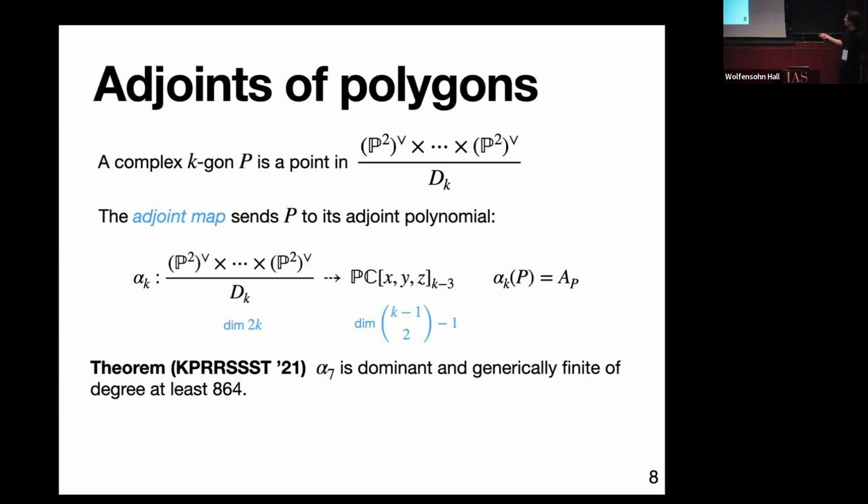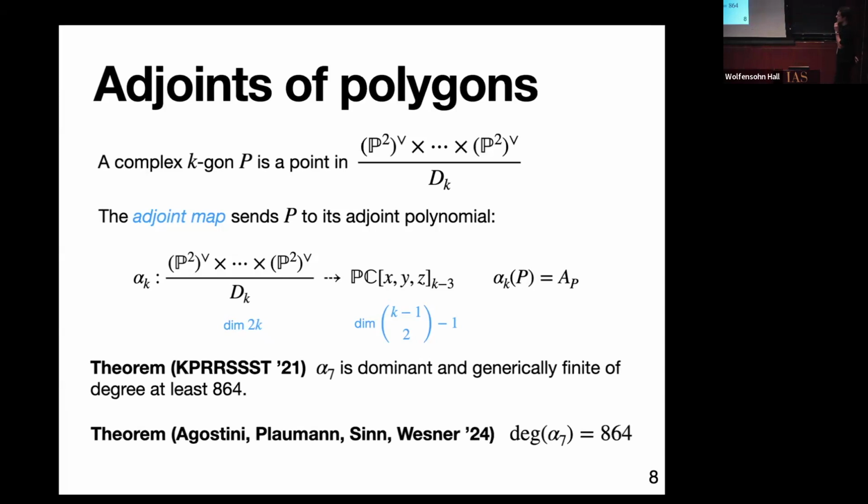So the adjoint map alpha 7 is dominant and it's generically finite. It has degree at least 864, at least that's what we showed in 2021. So we did this using a certified numerical computation. And then Reiner with other co-authors, Agostini, Plaumann, Sinn, and Wesner, this year published a paper in which they showed that the number is actually 864.